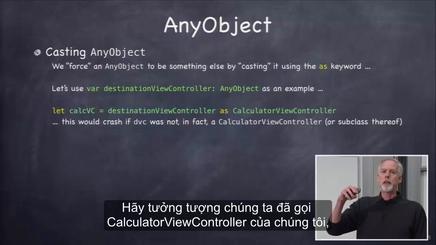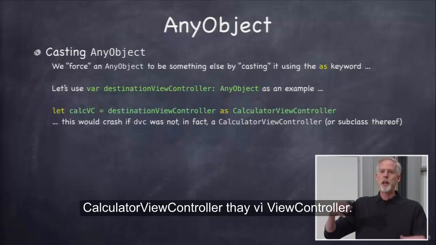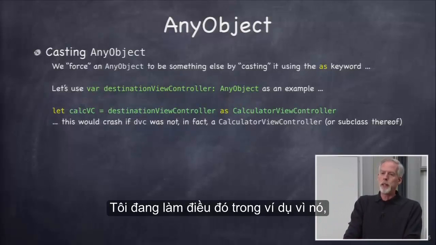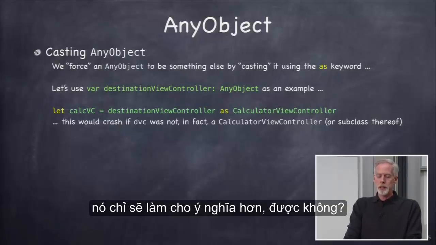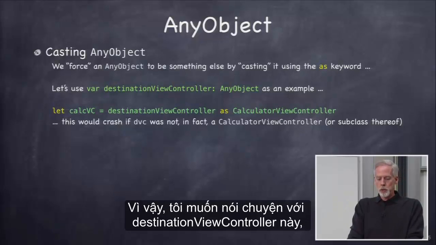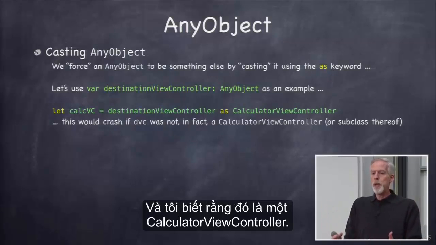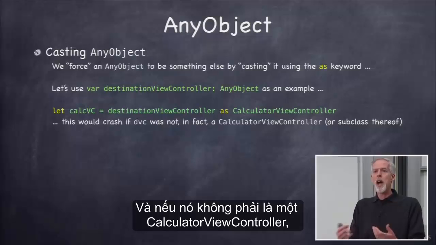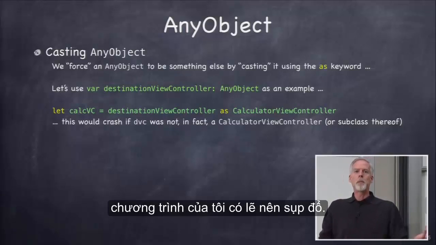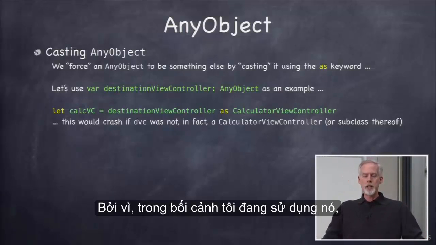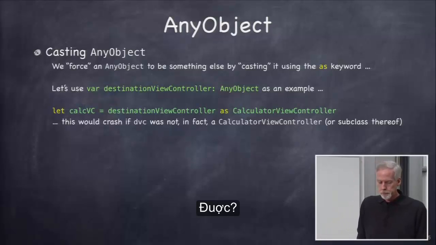Imagine we had called our calculator view controller instead of view controller. I'm doing that in the examples because it's just going to make more sense, okay? So I want to talk to this destination view controller, which is any object, and I know that it's a calculator view controller. And if it's not a calculator view controller, my program should probably crash because in the context I'm using it, I want it to be that, okay?